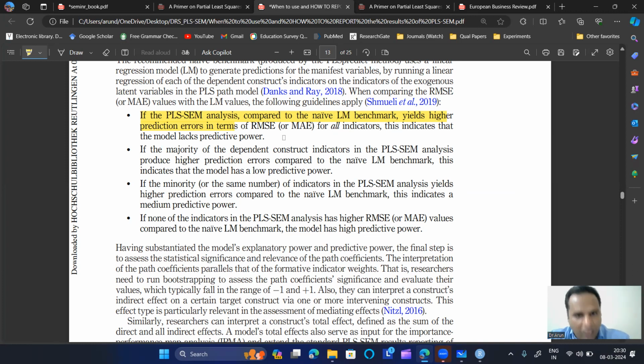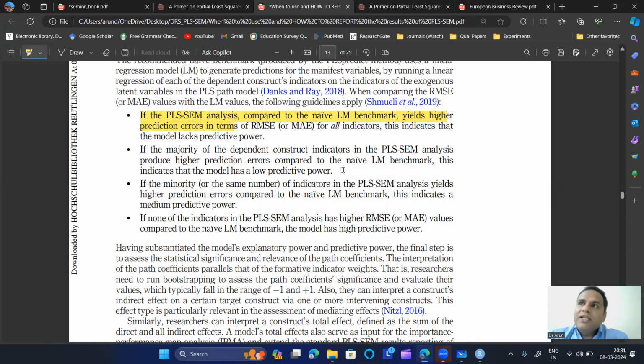Of course, not all are higher. Second, if the majority of the dependent construct indicators in the PLS SEM analysis produce higher prediction errors compared to the new LM benchmark, this indicates that the model has low predictive power.